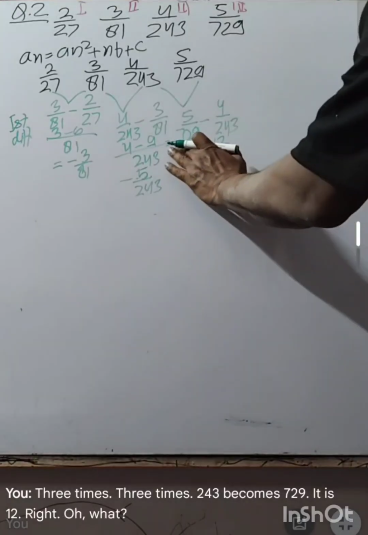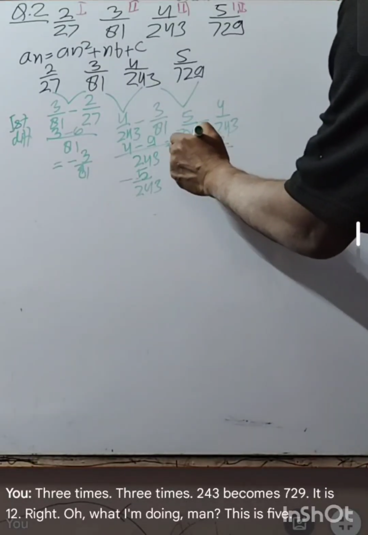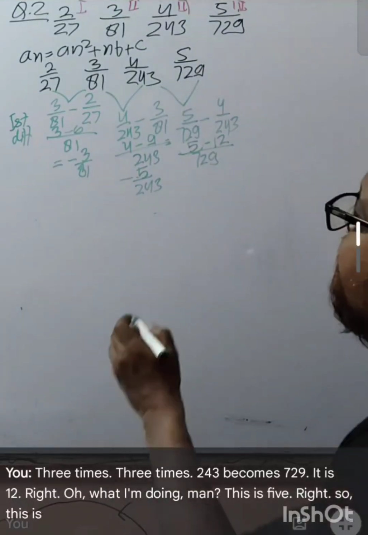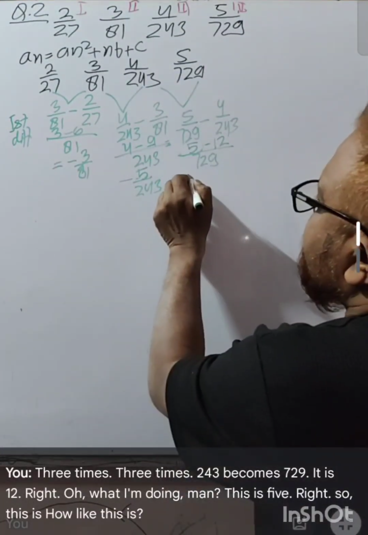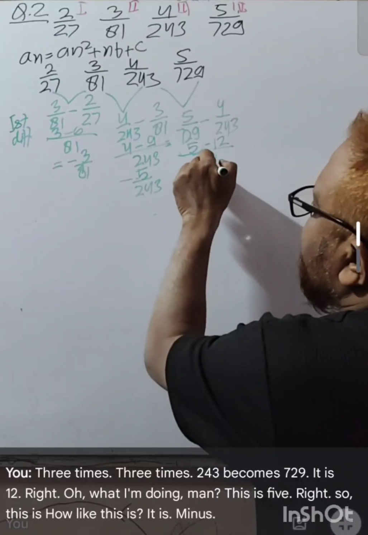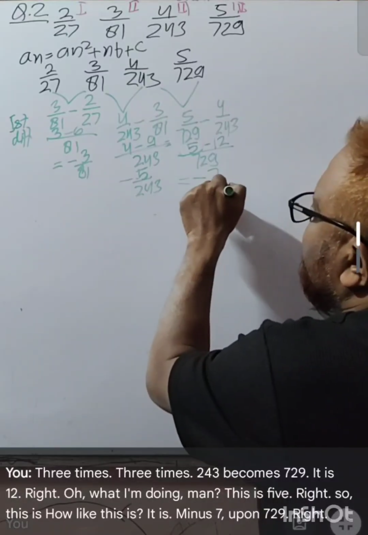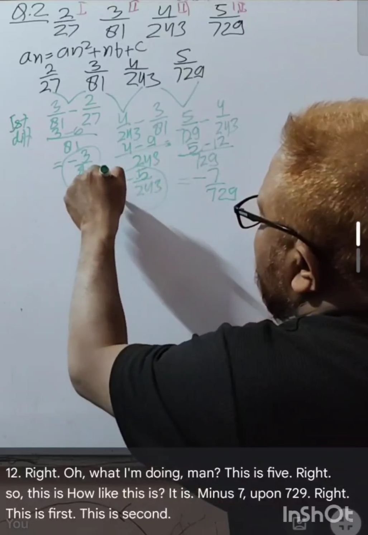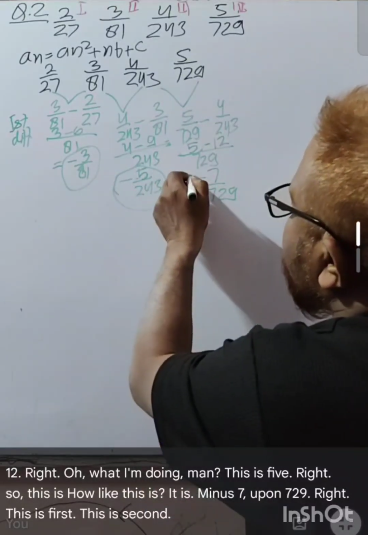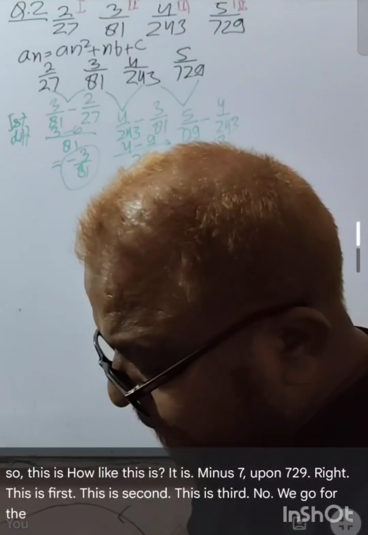Oh, what am I doing? This is 5. So how much is this? It is minus 7 upon 729. This is first, this is second, this is third.